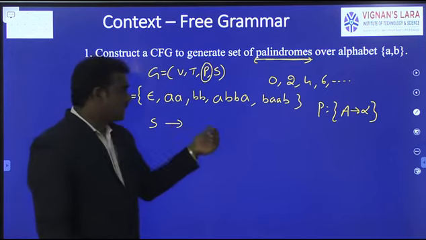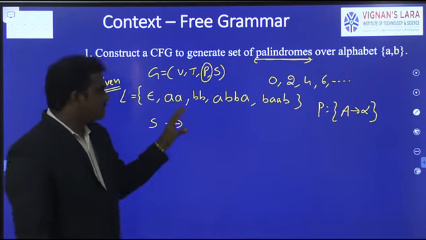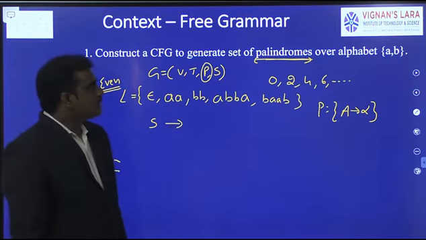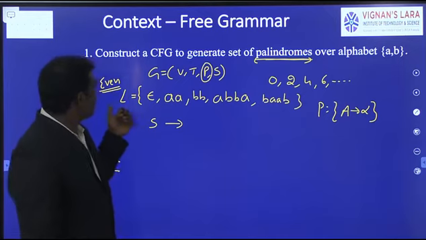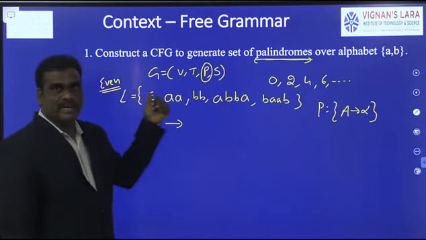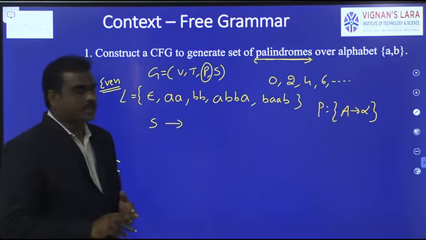So what do we write on the right hand side of the production? Here the question is palindrome. Now I want to write the context-free grammar for even length palindrome. There are two possibilities.